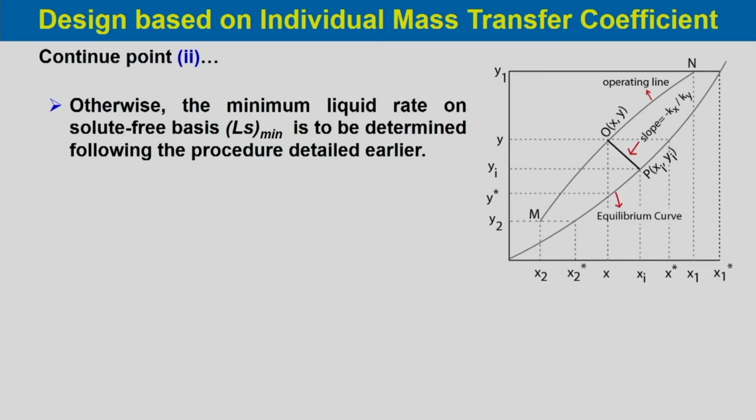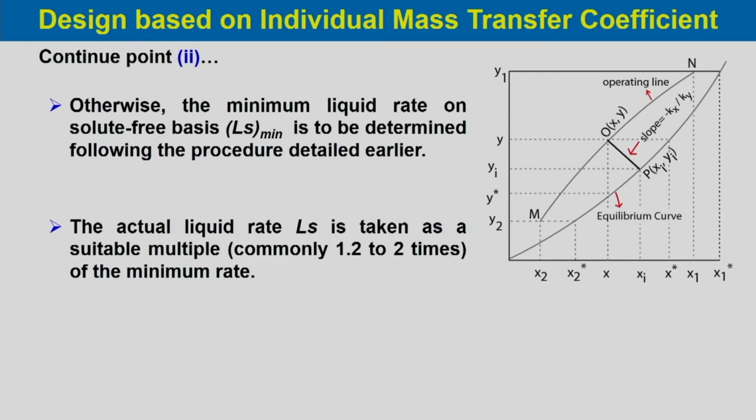That means if L is known, that is fine. If it is not known, then we have to find out the pinch point through the slope of the operating line, and calculate the minimum liquid flow rate, and then the actual liquid flow rate should be taken as a suitable multiple, which will vary between 1.5 to 2 times the minimum rate.